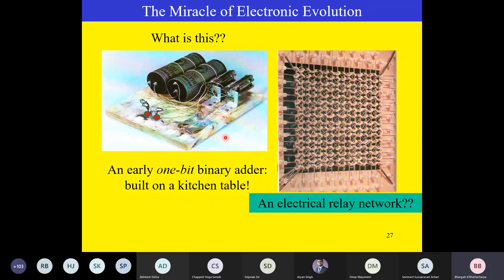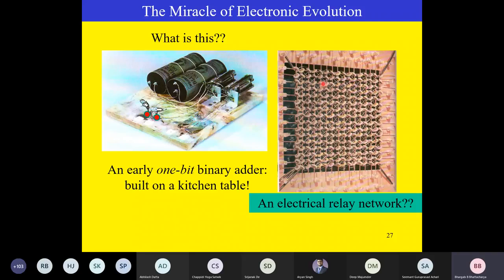And this was some kind of memory. You can see these annular rings. These are metallic ferrite rings, and through the ferrite rings two rods are passing, one horizontal and one vertical. Each ferrite core can be magnetized in a clockwise or anti-clockwise direction. One direction signifies 0, the other direction signifies 1.